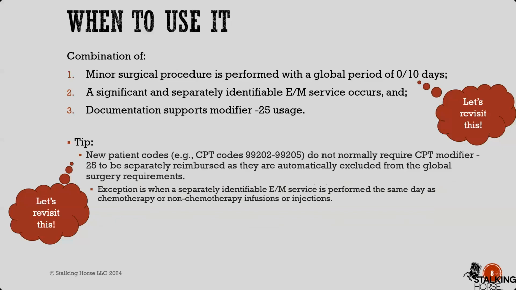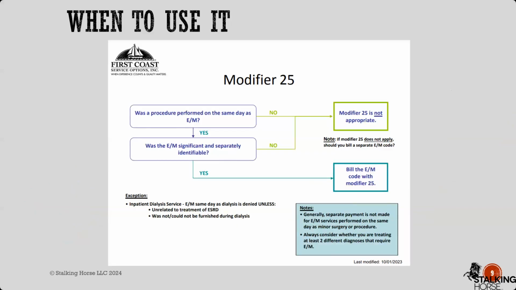So it is important to know your payer-specific guidelines. We'll touch on that again. With a new patient visit, you don't normally need that modifier 25 because they know that patient is just establishing with you, but pay attention to individual payer guidelines. We'll talk about that some more in a minute.